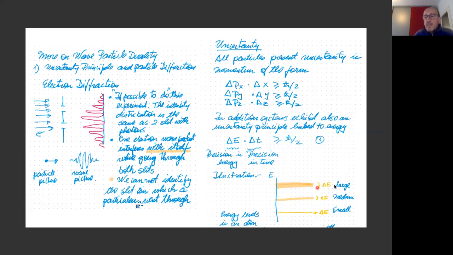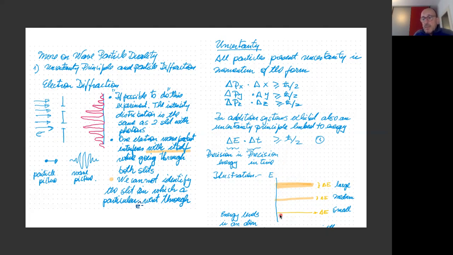So in this case, delta E is large. If delta E is large, this state is short-lived, because if delta E is too large, the delta T must be short, okay?